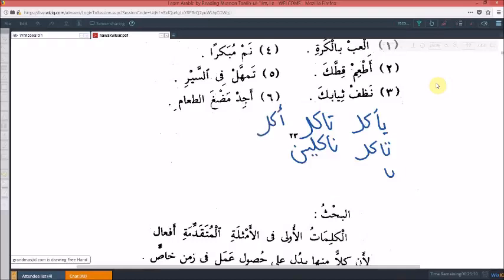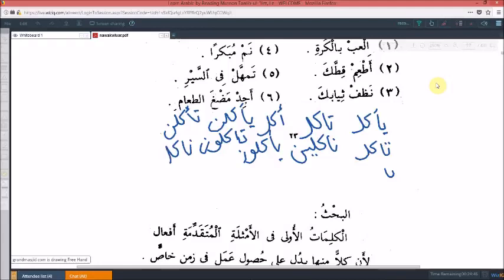And we say yakuluna, ya'kulna. We say ta'kulina or ta'kuluna, ta'kulna, and na'kulu. Even if we did the dual, in all of them, they either have a noon or a ta or a ya or a hamza.